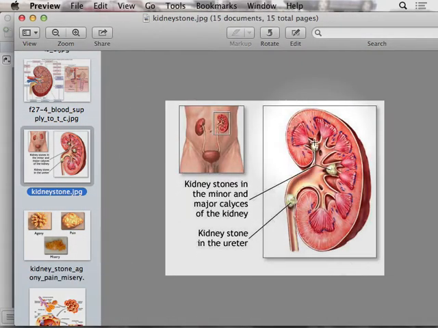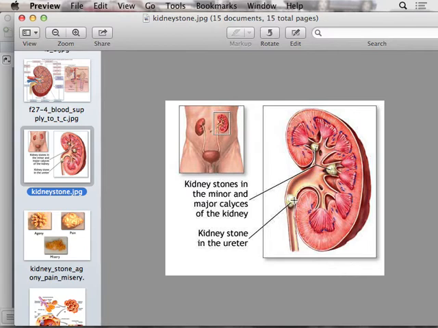They form in the minor or major calyces of your kidneys, sometimes in the renal pelvis, and then they have to be expelled all the way through your slightly stretchy, but not that stretchy, ureters. Ow, ow, ow. And then into your urinary bladder, which is probably fine because it's big enough that they might not cause problems.